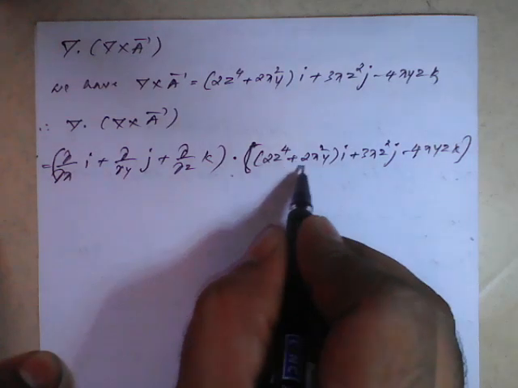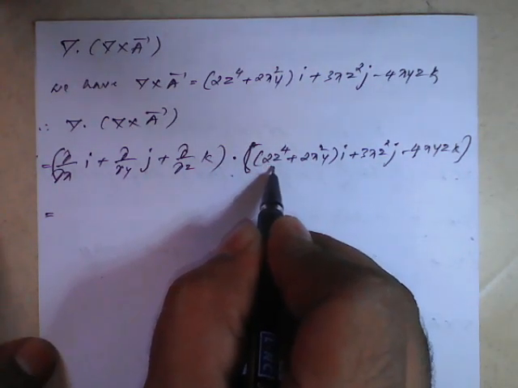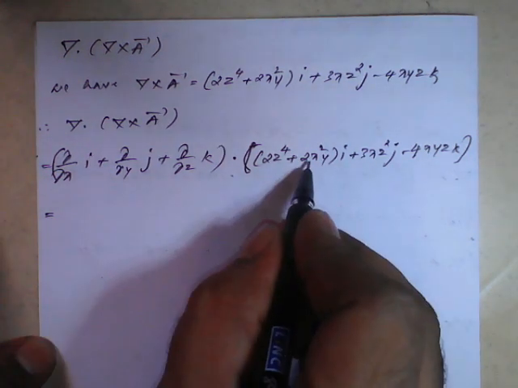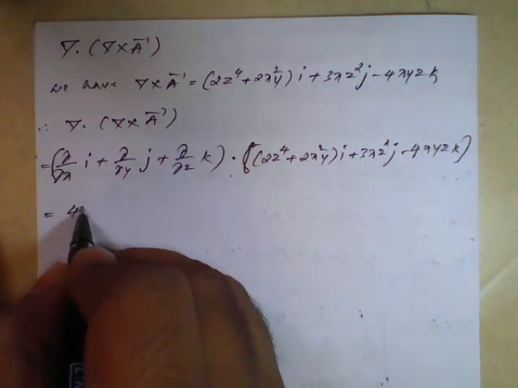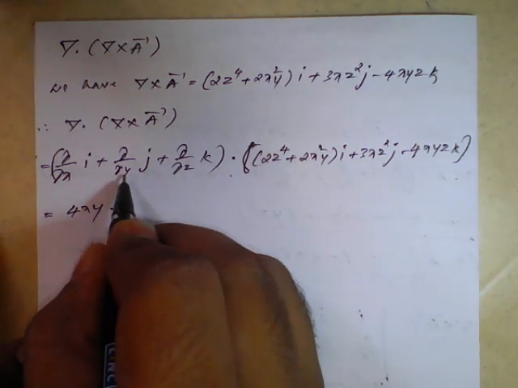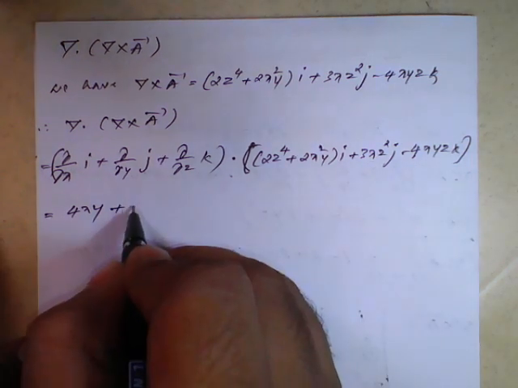So dou by dou x of the first term is 0; of the second term it will become 4xy, since i dot i is 1, so plus into plus is plus. Dou by dou y of the second term: there is no y term here, so 0.